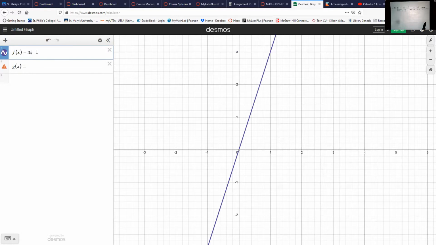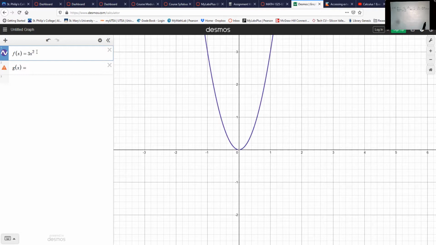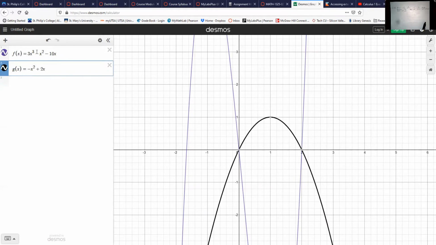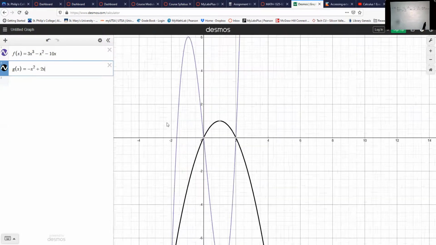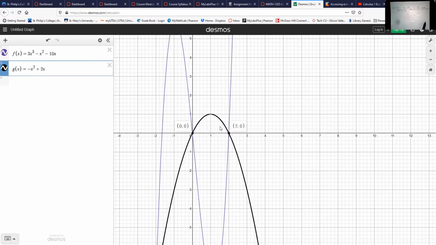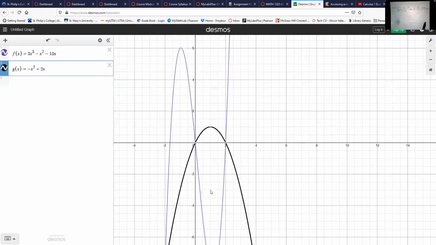It's 3x squared, not cubed actually, minus x squared minus 10x minus x squared plus 2x. All right, so here are my functions. The purple one is the first one, right? It goes up and down, cubic-like function, quadratic, of course, parabola. The region that they intersect at is right here.